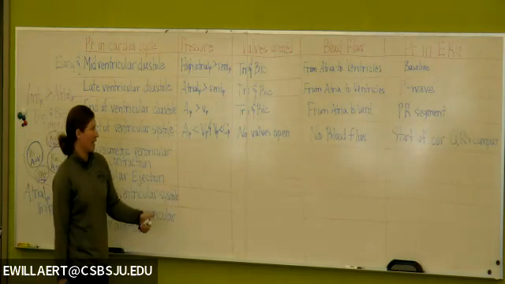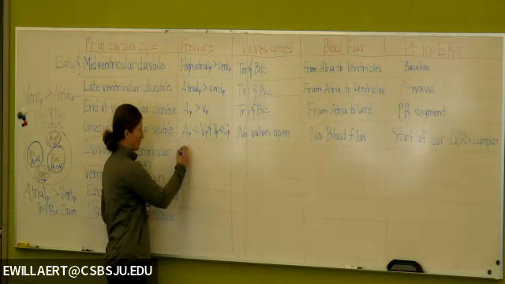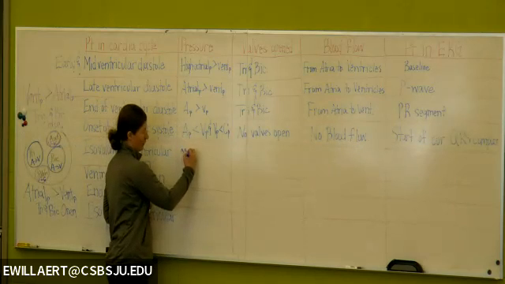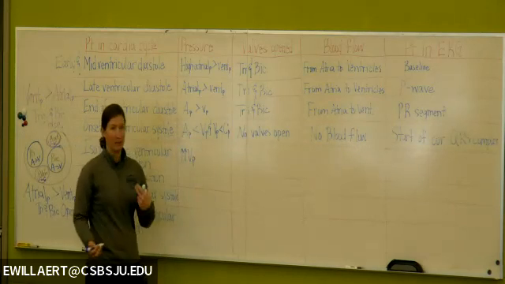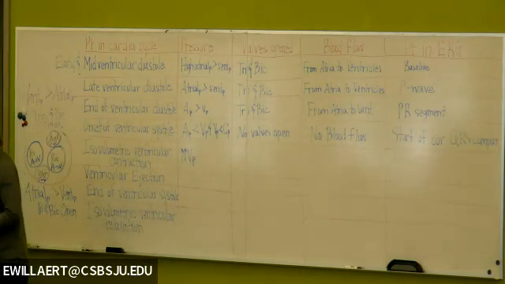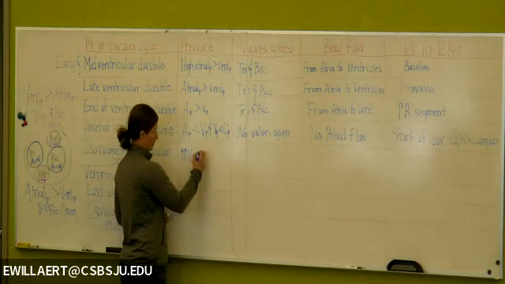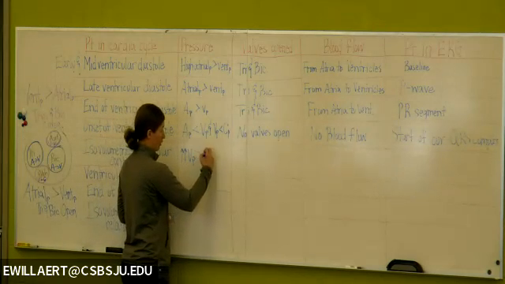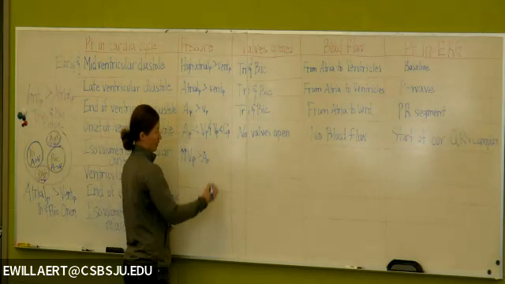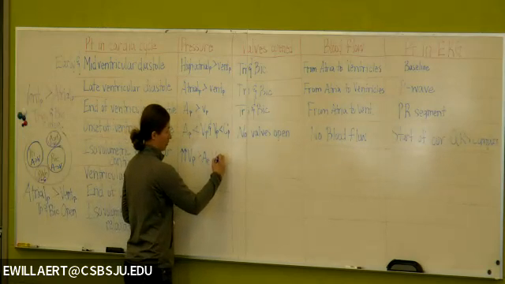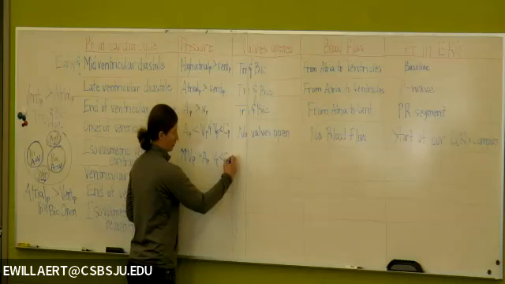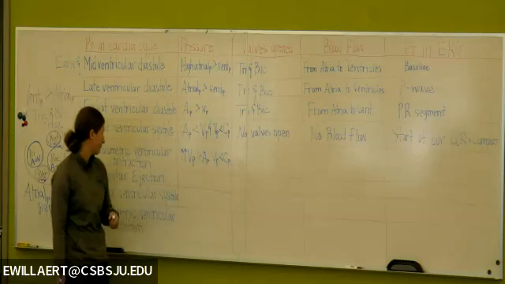And during this time, we're starting to see an increase in ventricular pressure, but depending on what your blood pressure is, your valves may or may not open. So even though this is increasing and it's still greater than atrial pressure, depending on what your blood pressure is, your ventricular pressure may still be less than your circulatory pressure.